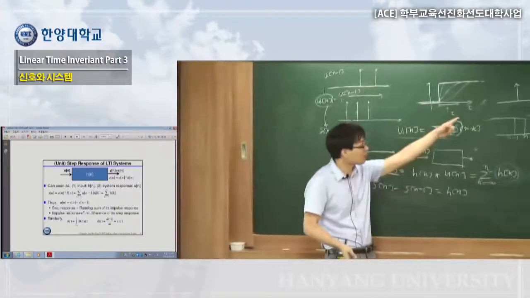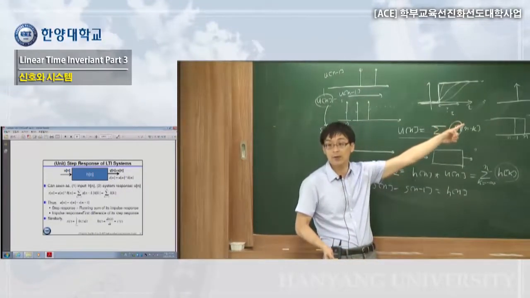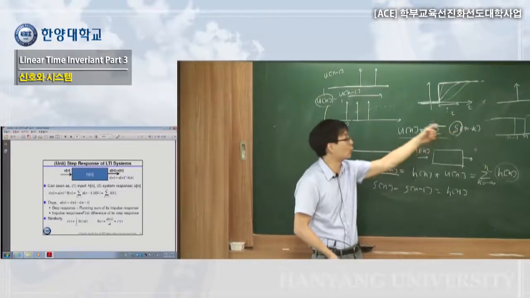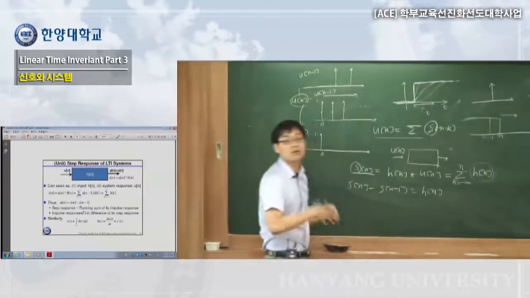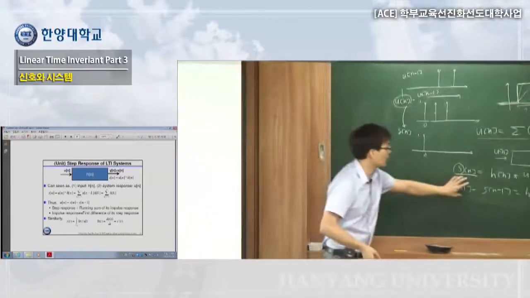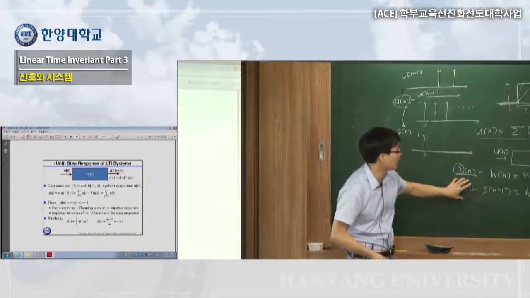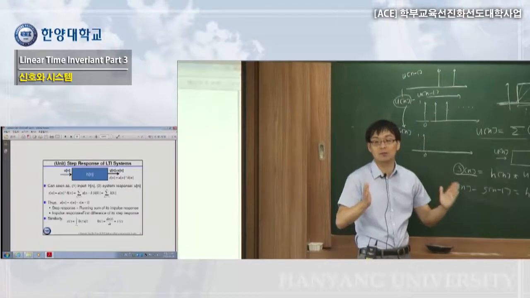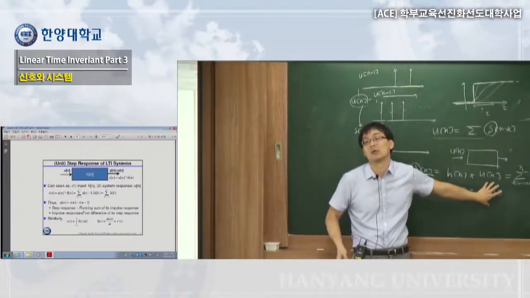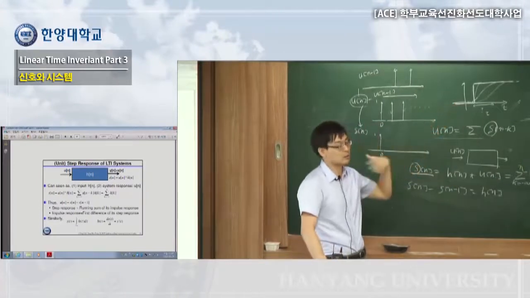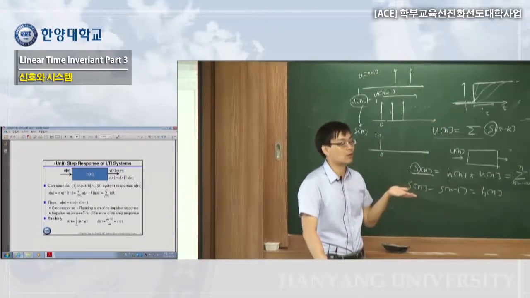If you cannot apply delta, what you can do is apply one step and a second step with a time-shifted version. Get the one output, get the second output with the time-shifted version, and subtract to find the system itself. So this is my I think.